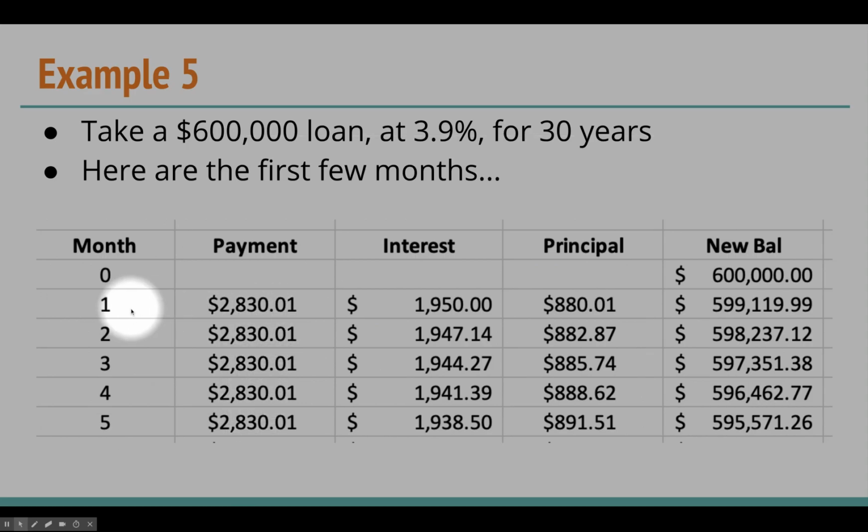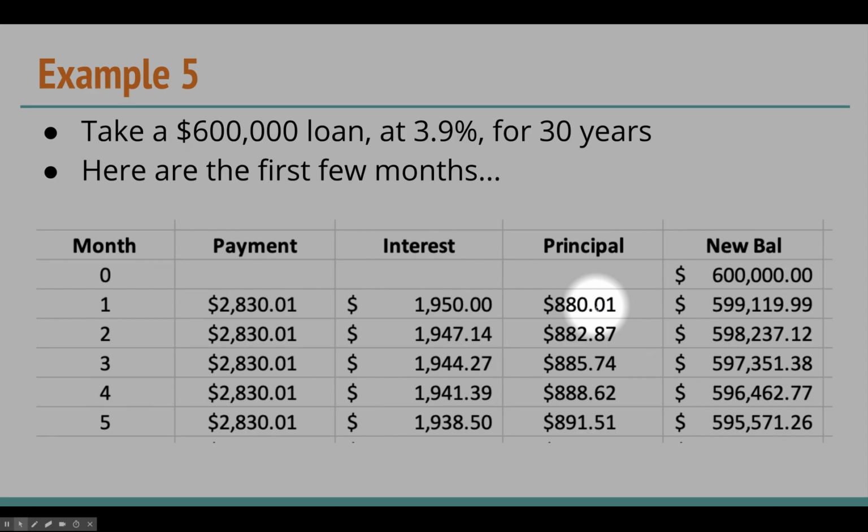Coming back to the row corresponding to month 1, you can see here that the amortization table is telling us that in the first month, out of the $2,830.01, $1,950 was interest that we paid to the bank. And the remaining $880.01 is going to be applied to the principal.